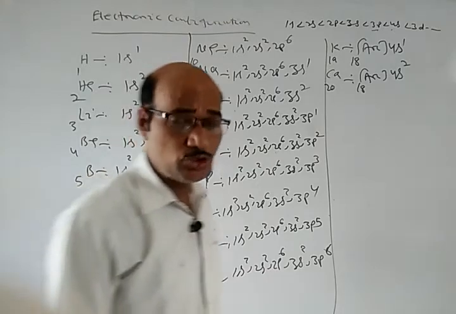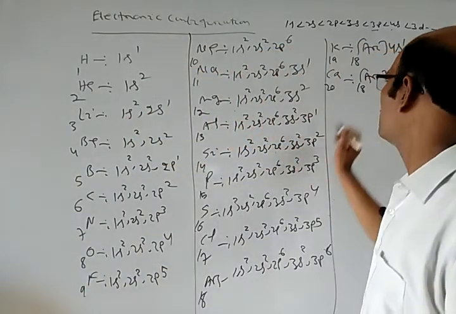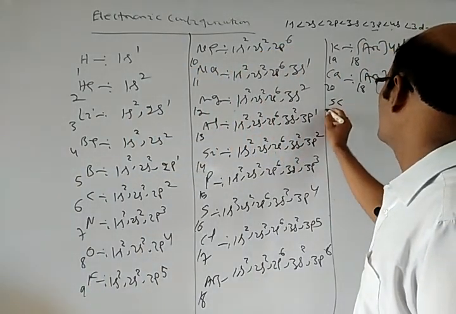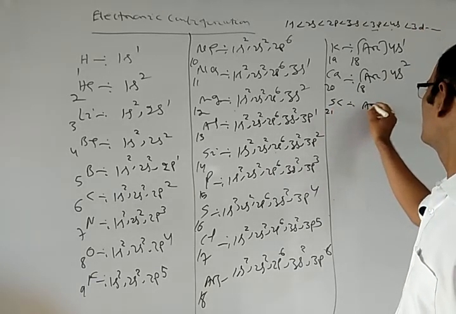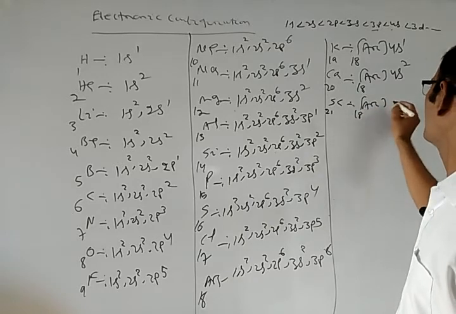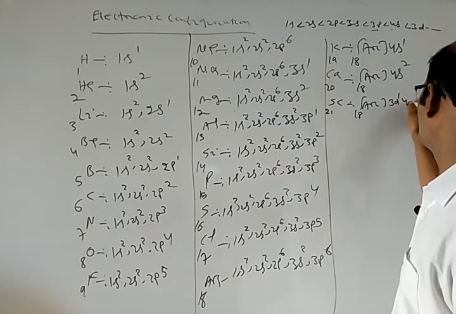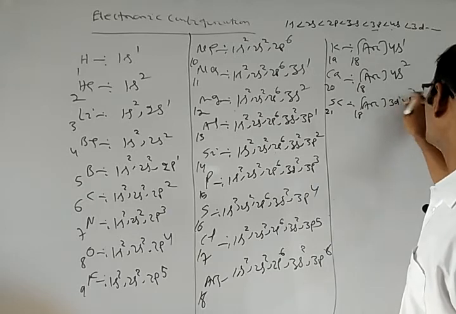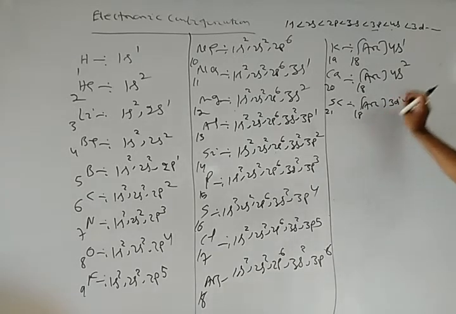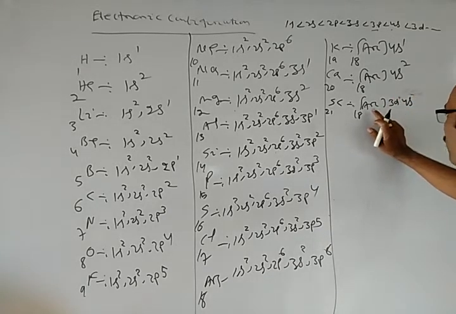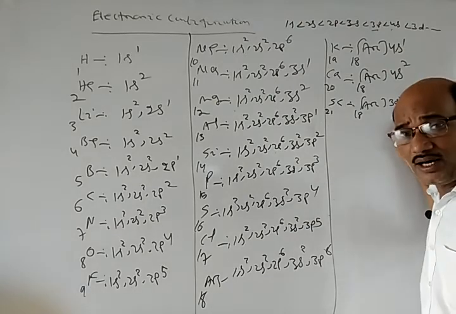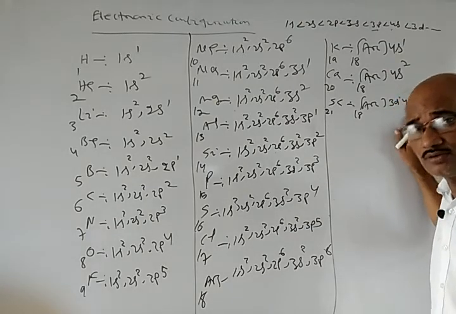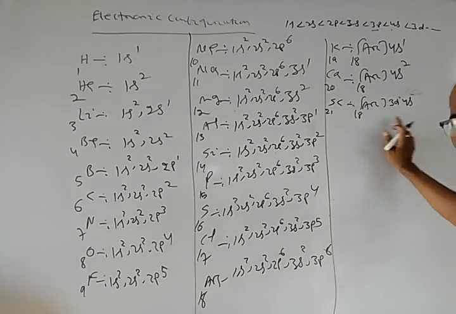Then you can go to scandium 21: argon 18, 3d1, 4s2. So first of all, this is your 1s2, 2s2, 2p6, 3s2, 3p6, then 3d, then 4s. So 4s is the outermost orbital here, not 3d.